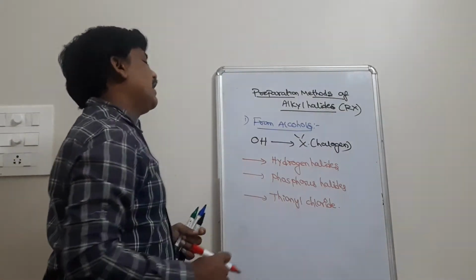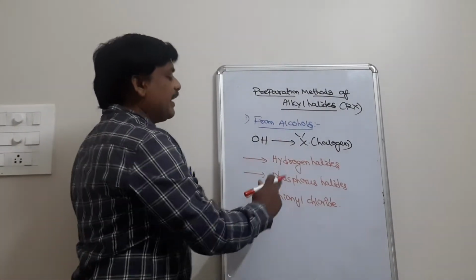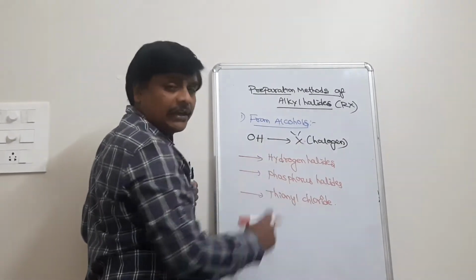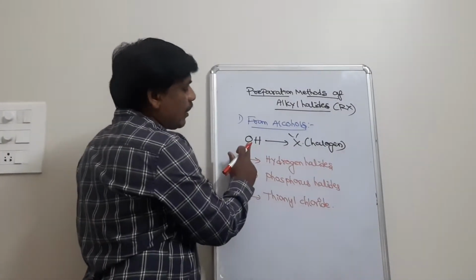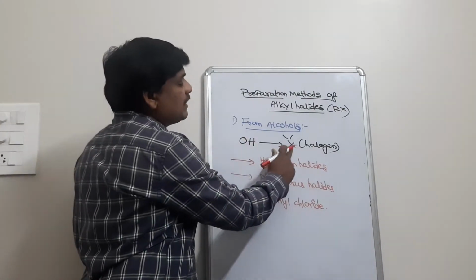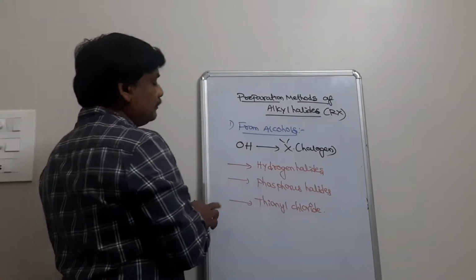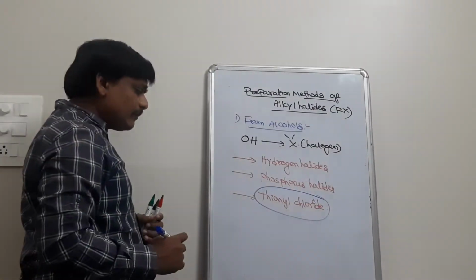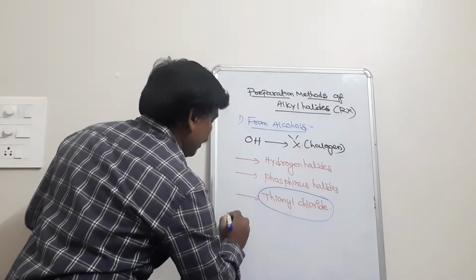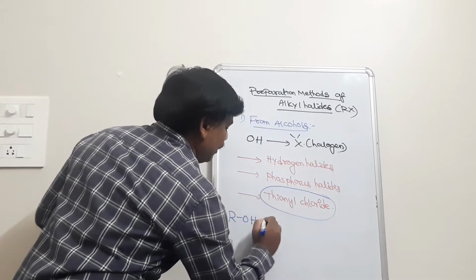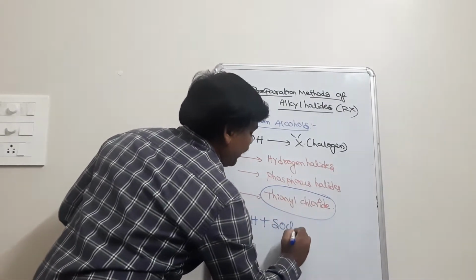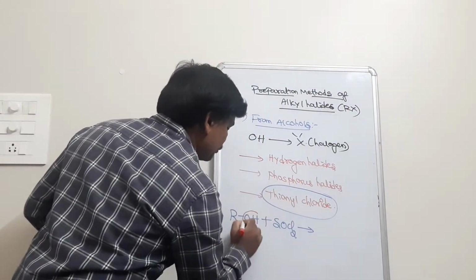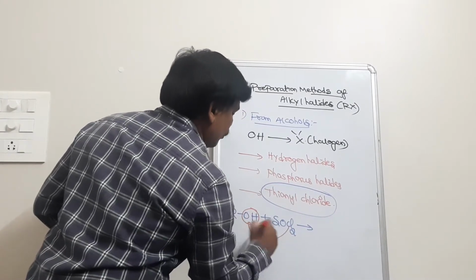Now see here, when the alcohols are reacted with either hydrogen halides or phosphorus halides or thionyl chloride, the hydroxyl group is replaced by halogen. Of all these, thionyl chloride is the best method. Why? When we react this alcohol with thionyl chloride, the OH group is replaced by chlorine.